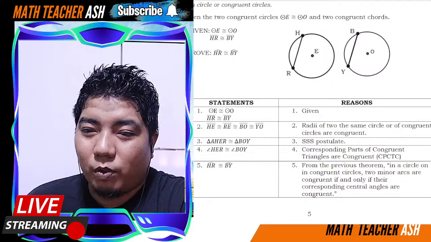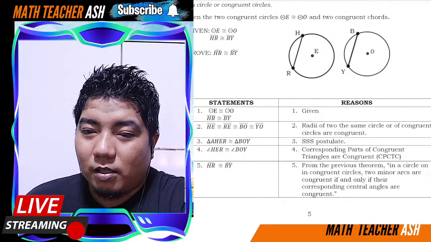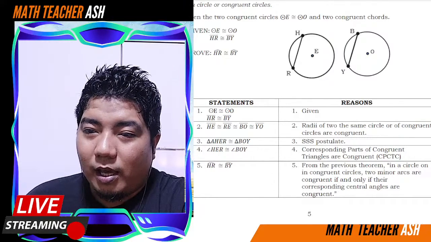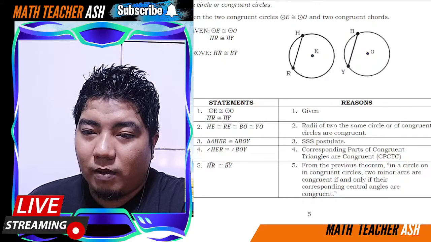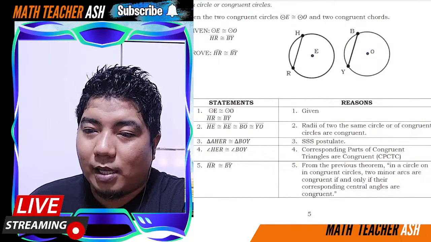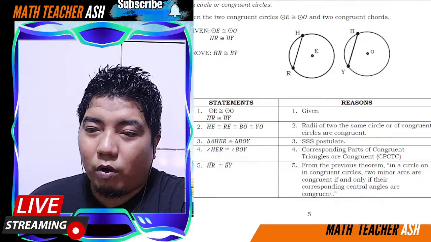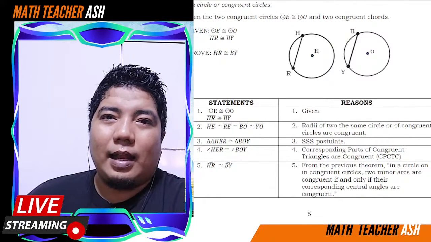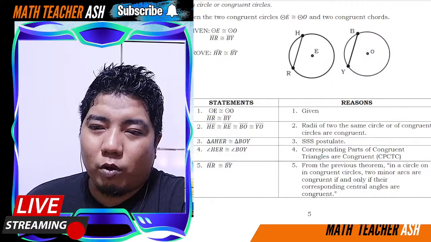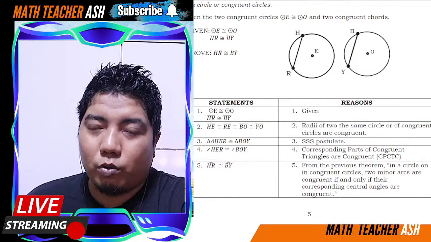Then we have also here another given, HE. Okay, that line segment HE and line segment RE are congruent to line segment BO and line segment YO. So of course, anong reason dyan? Lahat ng radius or all radii of congruent circles are also congruent.